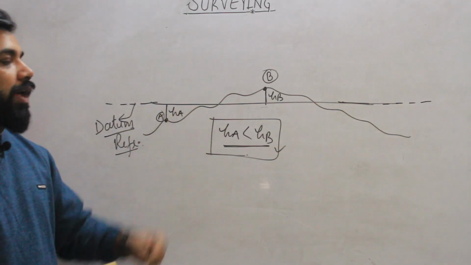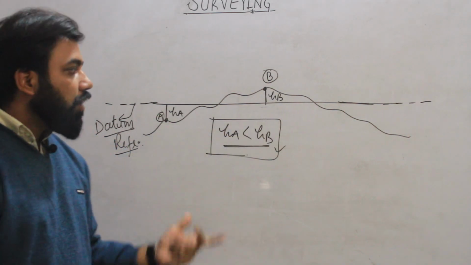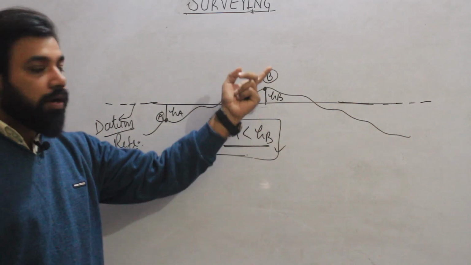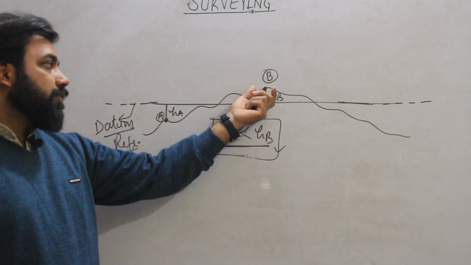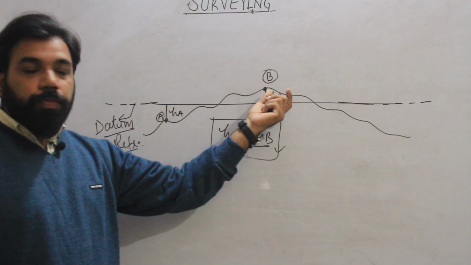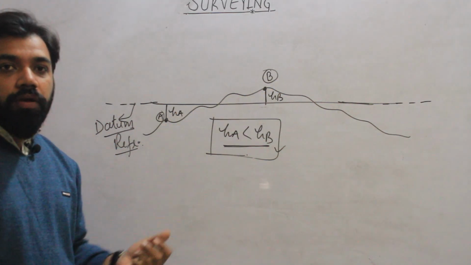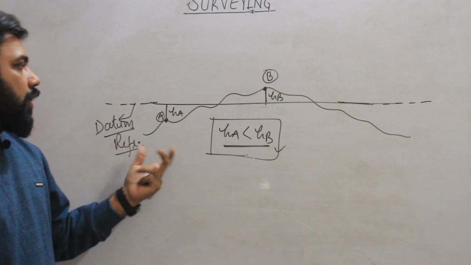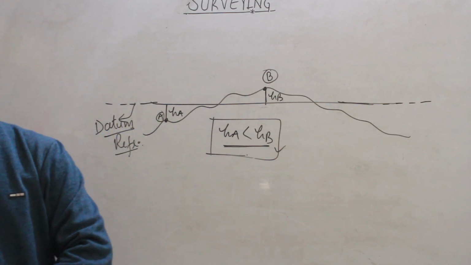But here it is not happening. If we put a water droplet on HB and we say that HB is higher than HA, what is the result? If we put a water droplet on HB, it moves toward HA.